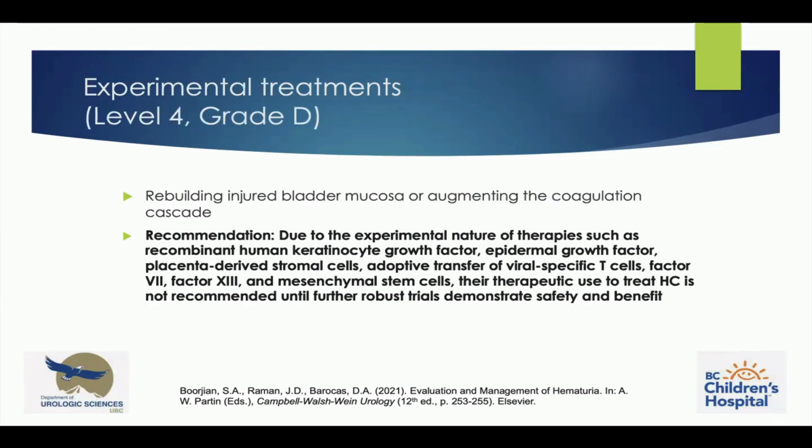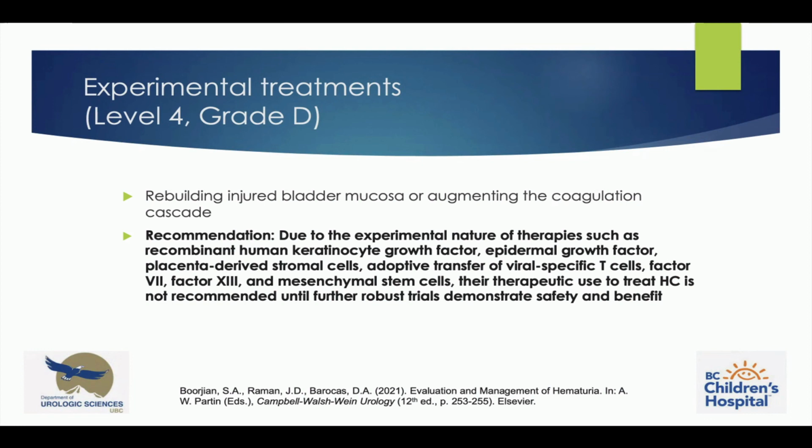There are also experimental treatments, which are level 4 grade D recommendation, and the treatments that are being studied is mostly through either rebuilding injured bladder mucosa or augmenting the coagulation cascade.